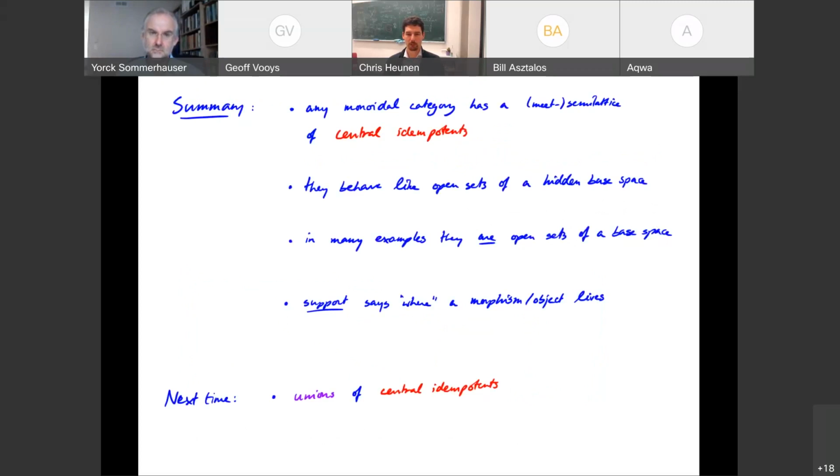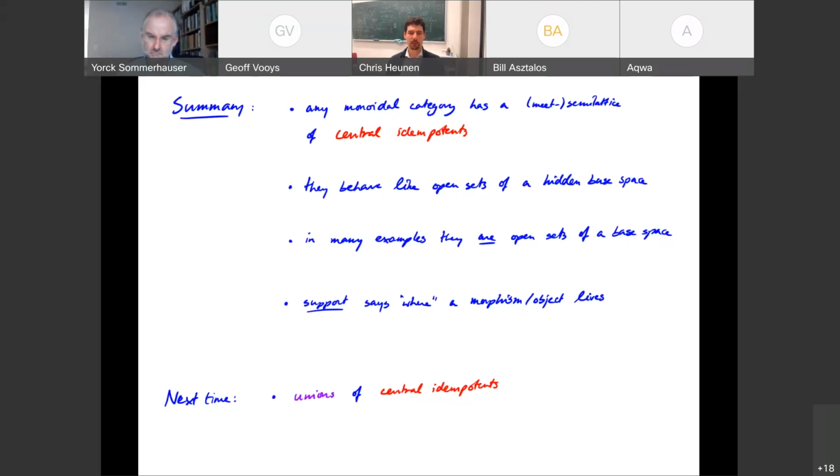For now, let me summarize everything I've said. What have we done today? We looked at a monoidal category. We've given a definition of central idempotents in there. And we've seen that it always forms a meet semilattice. So any monoidal category has some sort of meet semilattice attached to it, something like a space of opens, because these central idempotents behave a bit like open sets of some sort of base space. We've seen many examples, and in lots of these examples, the central idempotents literally are in bijection with the open sets of an actual base space.